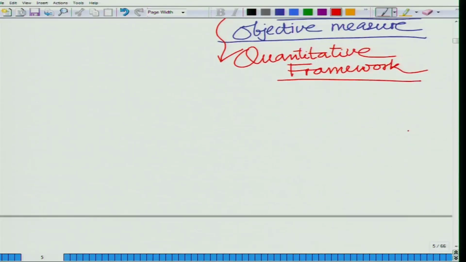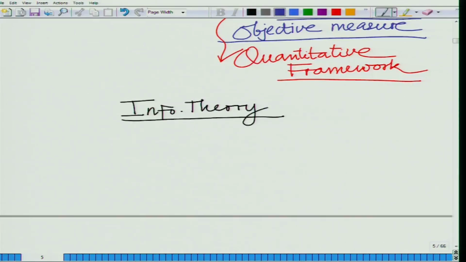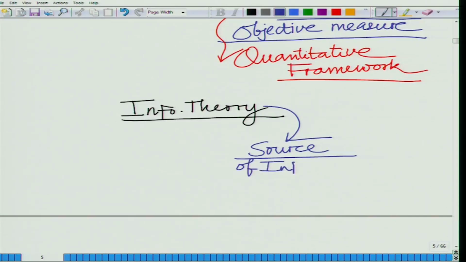And central to the notion of information theory is the concept of a source of information. So, we think of information as being generated by a source.